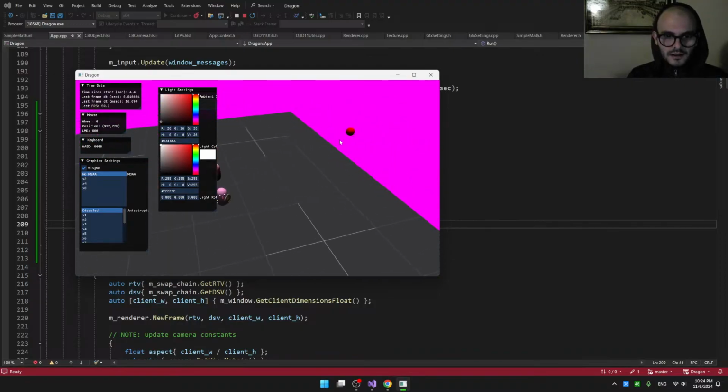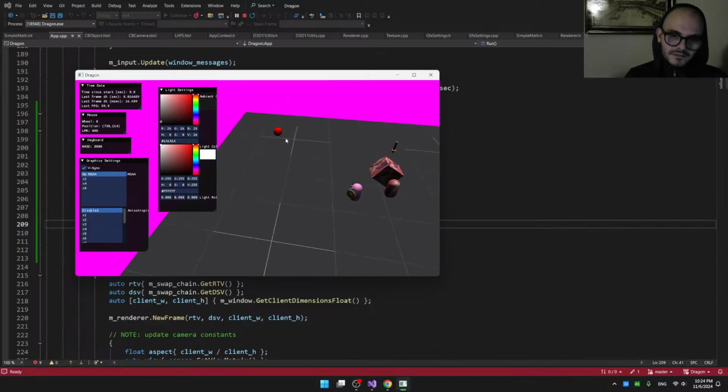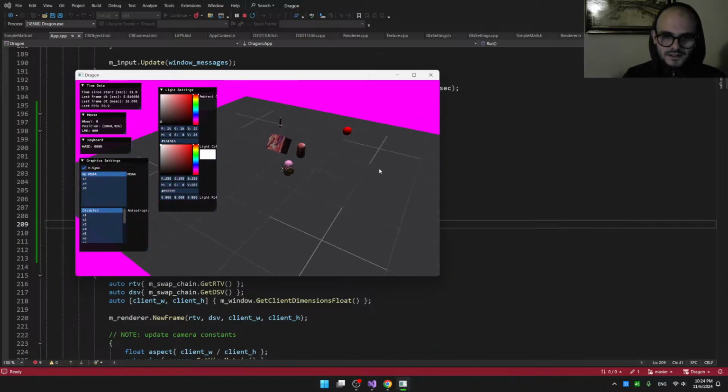I got the position of the camera right now. That's just the position of the camera.